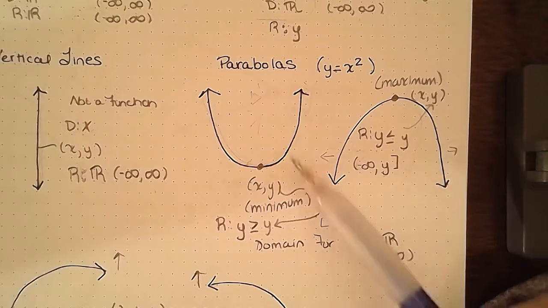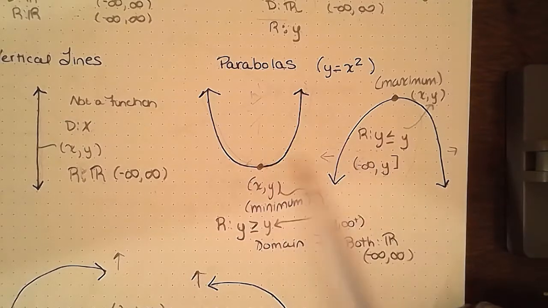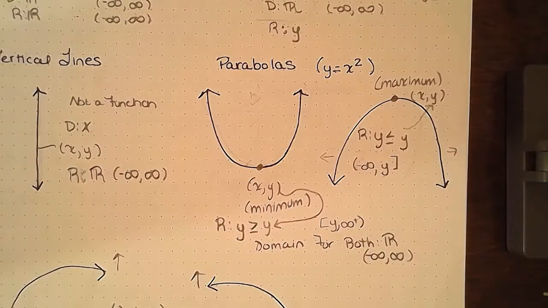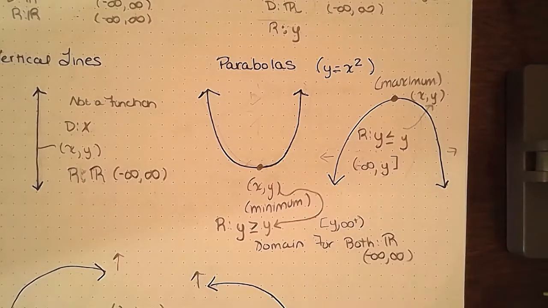Now, the domain for each one of these is always going to be all real numbers, okay? Because they go on to the left and right forever and ever and don't stop, okay? We just can't always write those points, but our domain goes off to the left and right forever and ever. So my domain for both of these is all real numbers, which is also from negative infinity to positive infinity.